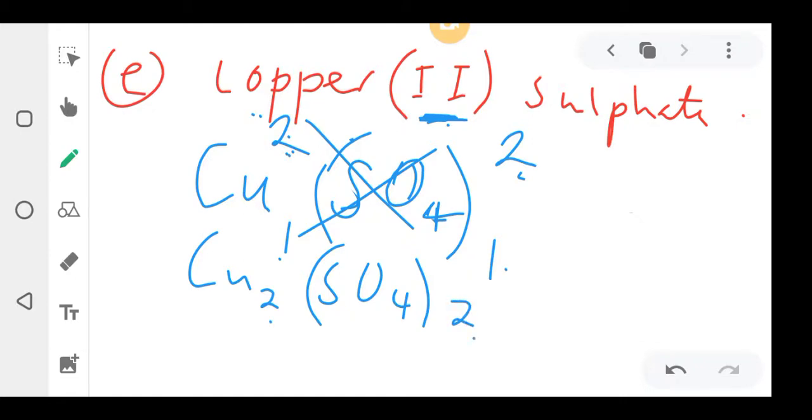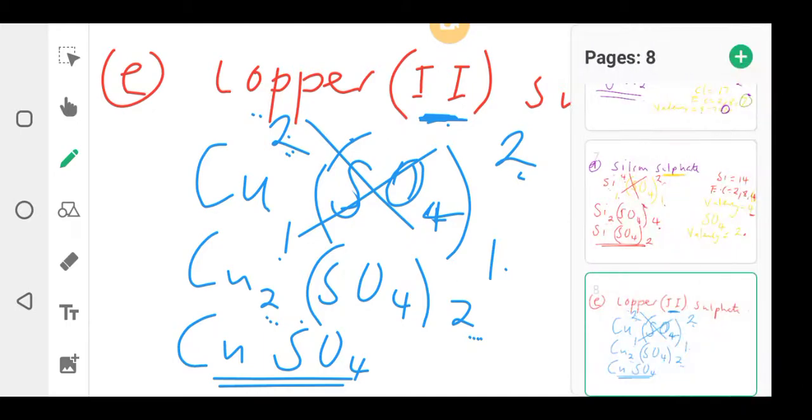So these 2 are factors. 2 into 2 is 1, so the 2 will disappear, and then SO4. So this is the answer: CuSO4. That's how you do E.